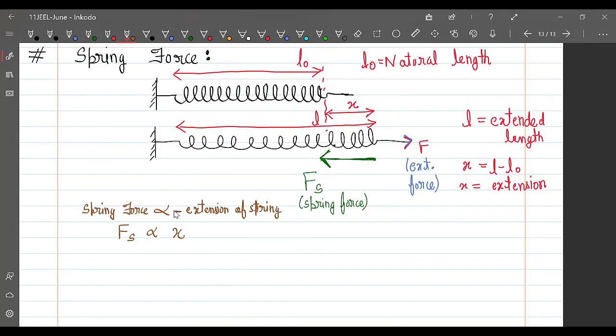So there is a negative sign here. This negative sign is very important. So spring force is proportional to the negative of displacement of the end point, and this is replaced by a proportionality constant, and this proportionality constant is called the spring constant.